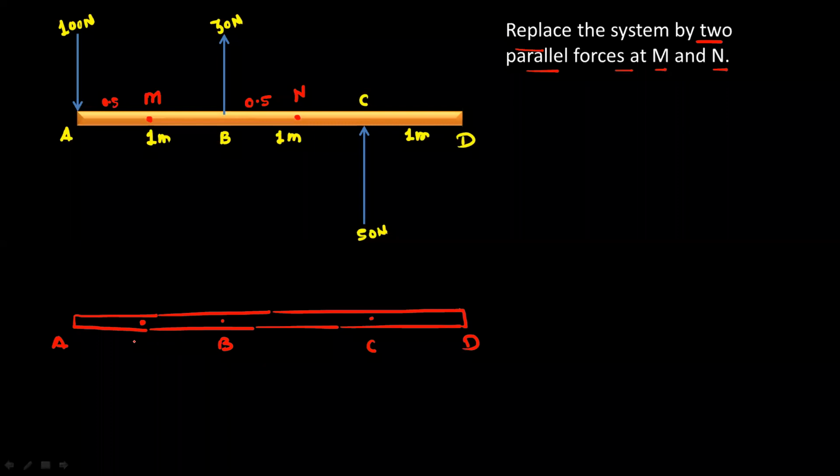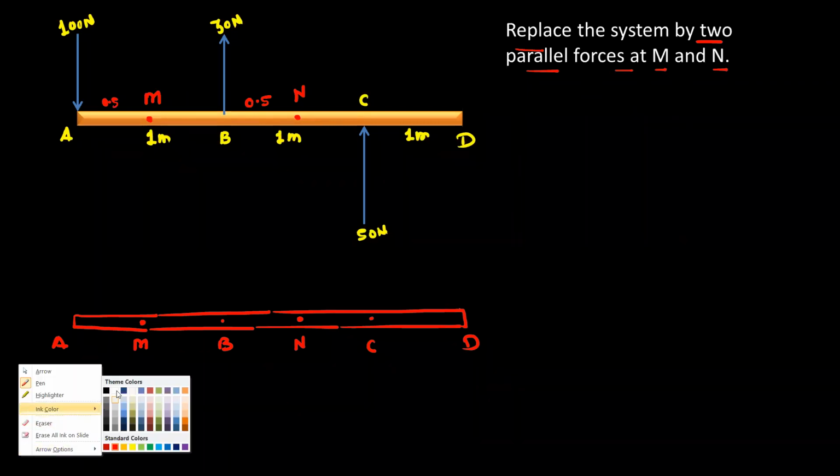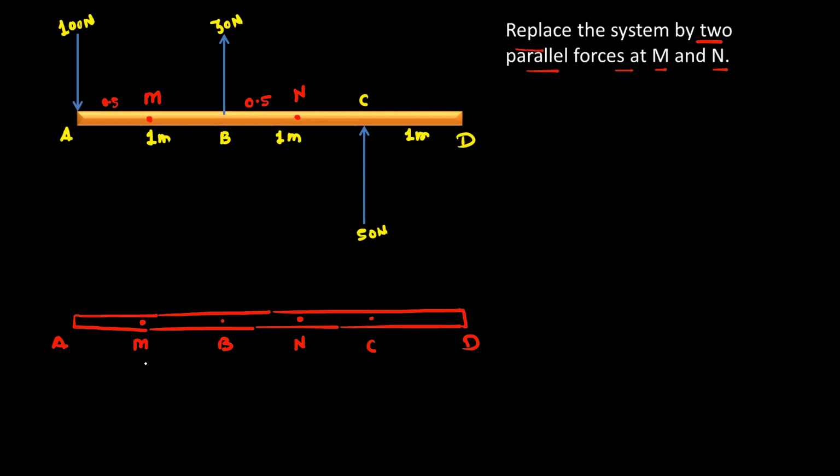So this is the point M and this is point N. So these two forces will act at points M and N. So right now we don't know the exact direction of these two forces, whether they are upward or downward. So we will assume both forces are acting in the downward direction, one at point M and the second at point N. Okay. So consider this force, which is an unknown force P, and this is the force Q.